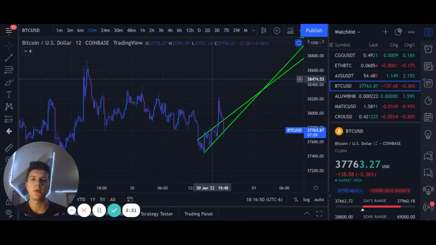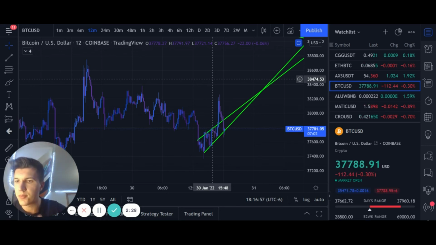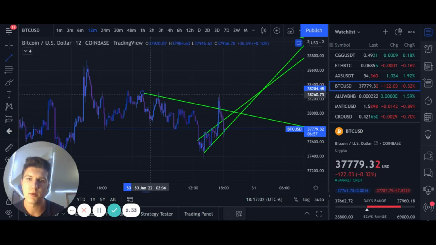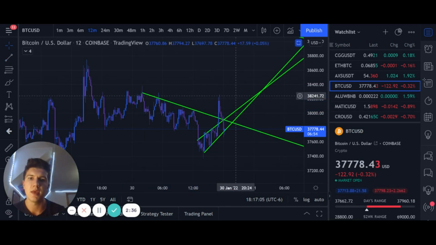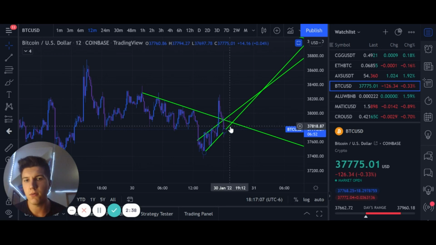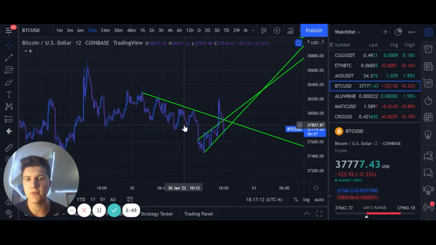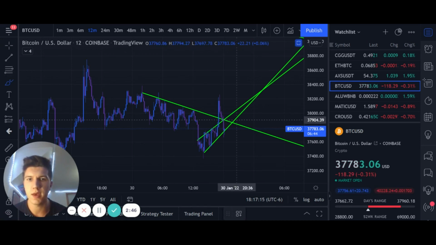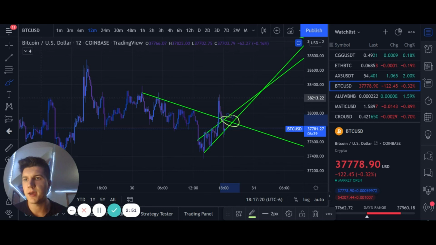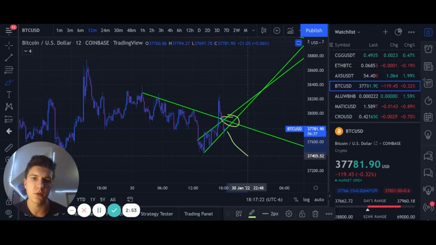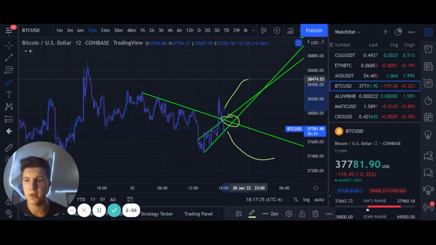And so you can draw multiple trend lines, one as support, one as resistance. You can have multiple ones here in this case, and you can figure out where or when price is going to break out. And when all the trend lines interlap with each other, like in this case, you know that price is either going to go to the downside or go to the upside.